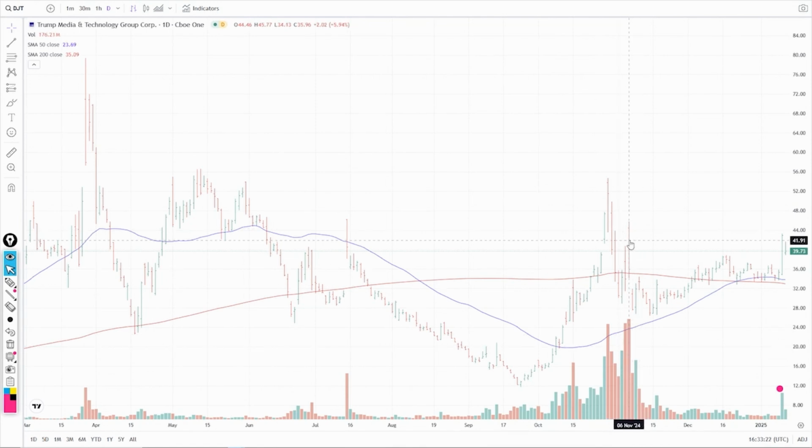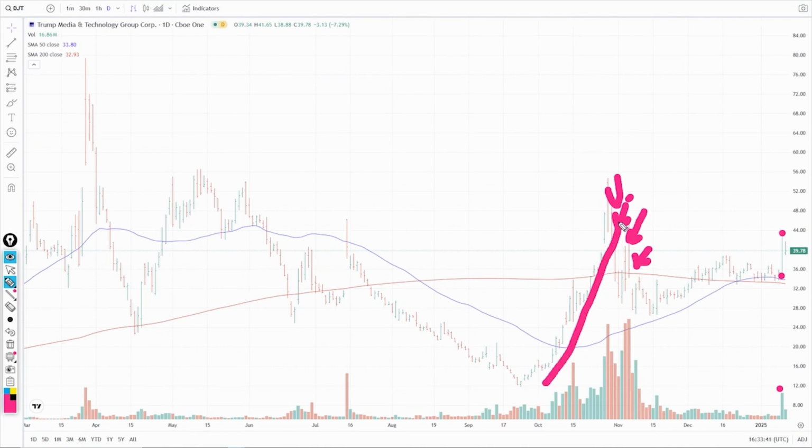But even on those huge volume days, there was always supply that came in. Even on these huge spikes, there's always somebody coming in and selling it and pounding it down. Now, you didn't see that yesterday. Here, the stock rises and closes near the highs of the day. That's something you saw in this initial spike up into those October highs. So the bulls should be happy about that.